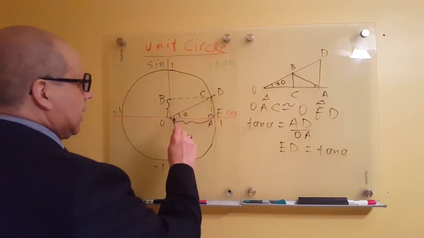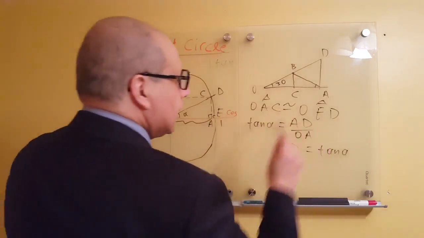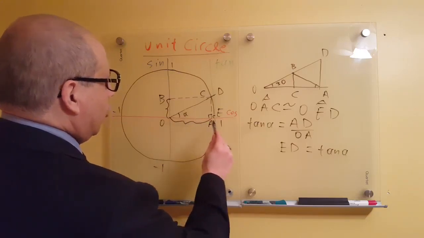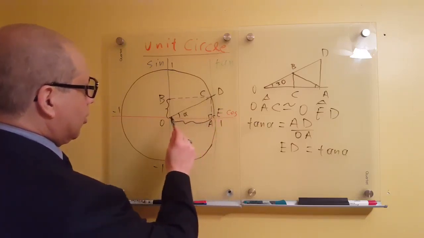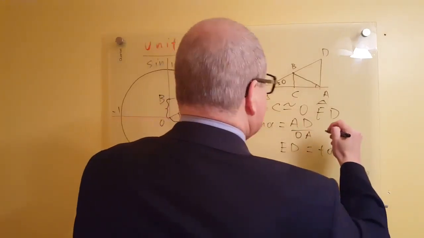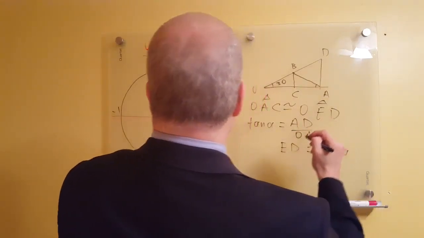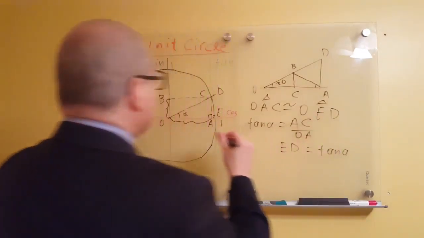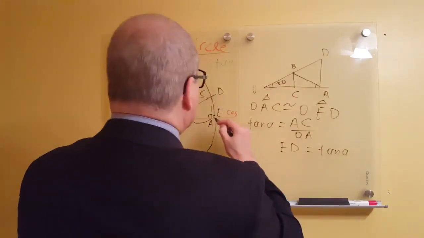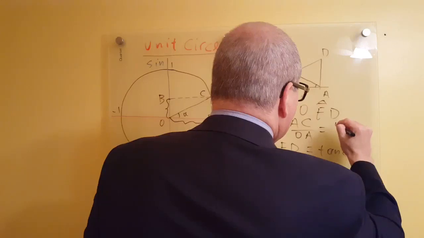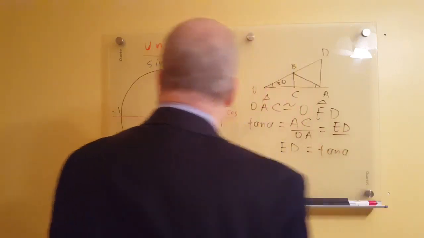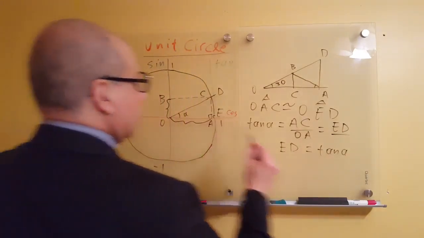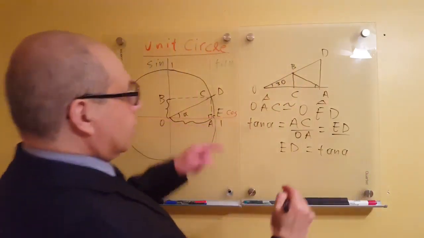Now, since these two triangles are similar, the AC over OA can be written as ED over OE. It's the same ratio.